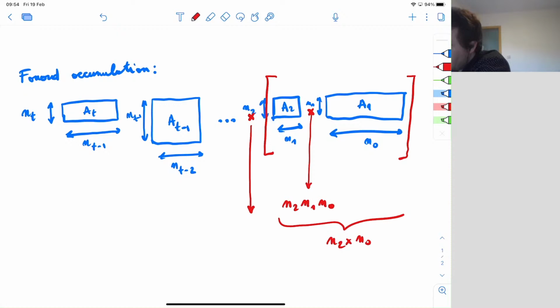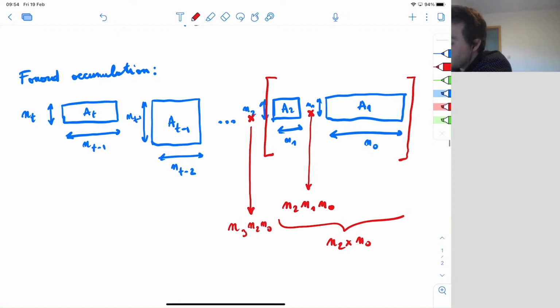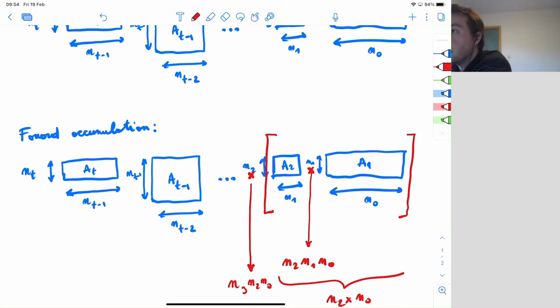And so the computation for the second product would be n3 times n2 times n0, right? And so we would have to repeat that.